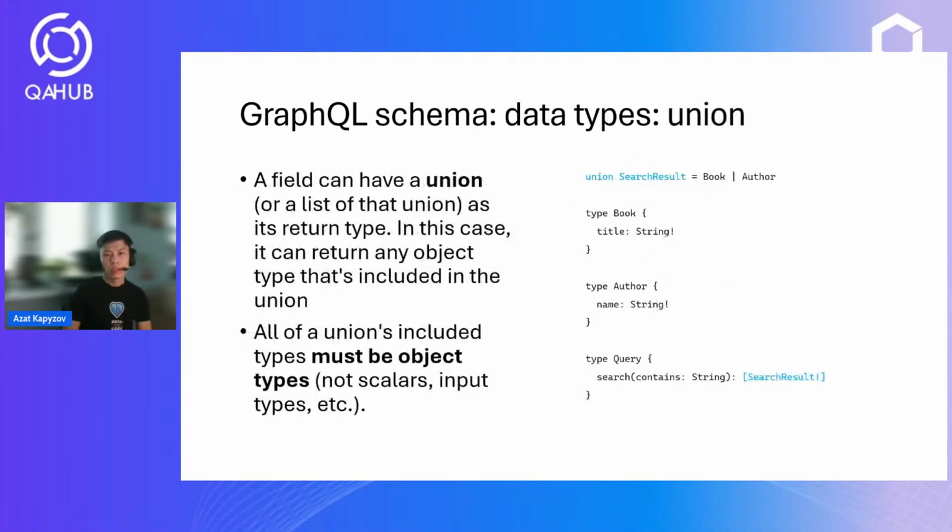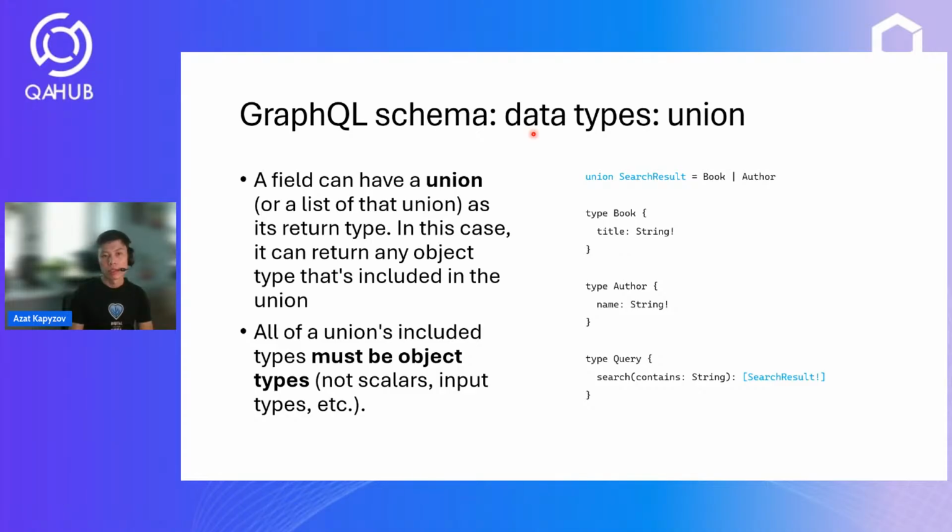The next type is union. So union, a field can have a union or a list of that union as its return type. So in this case, it can return any object type that's included in the union.